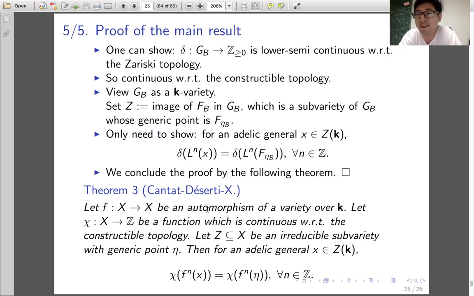I think it's interesting to think of it as some notion of almost all points. Okay, I see. So this notion of almost all points is weaker than the Zariski topology. Is that right? It's weaker, yes, because this topology is stronger than the Zariski topology. So this notion of almost all points is weaker. Okay.